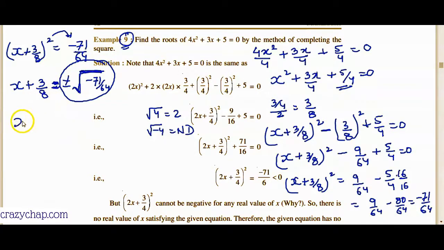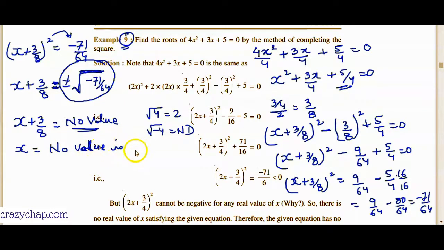So basically we get x plus 3 over 8 equal to no value, okay? So it means that there would be no possible value of x, because if this is no value, then 3 over 8 coming to this side will again give no value, okay?